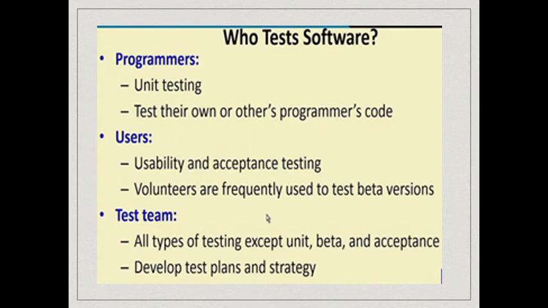Then often the organization has a separate testing team and they do all the testing like integration testing, alpha testing, and so on. So they do most of the testing except the unit, beta, and acceptance testing. They also develop the test strategy, that is, what kind of tests need to be performed, and they also develop the test plan, that is, in what sequence the tests need to be applied.